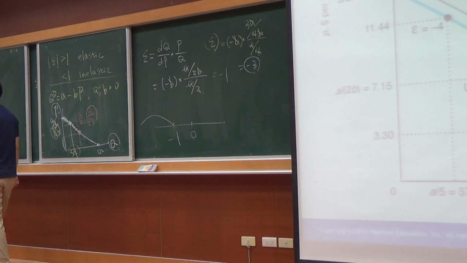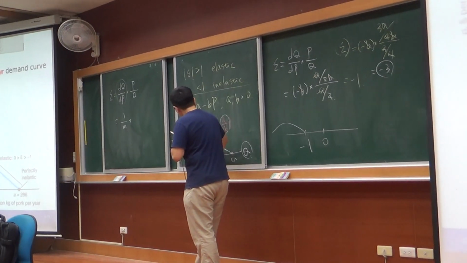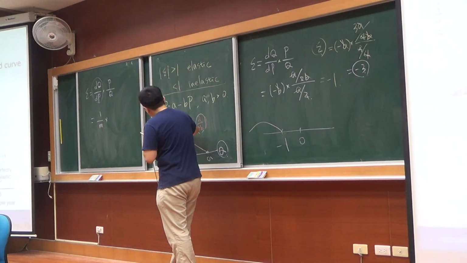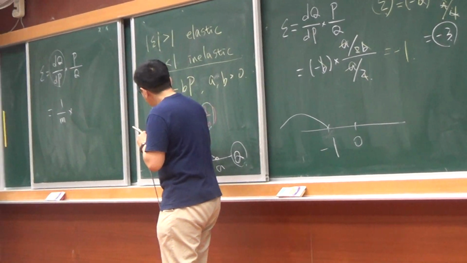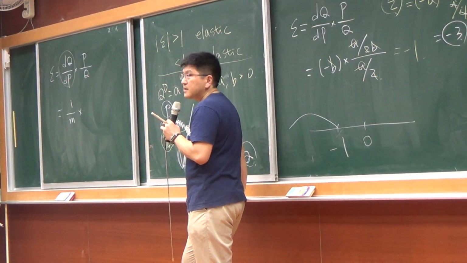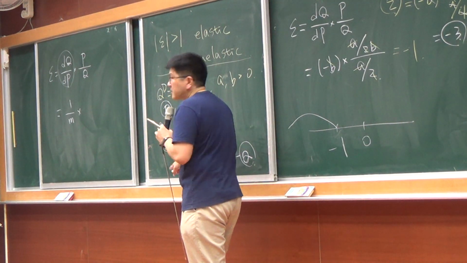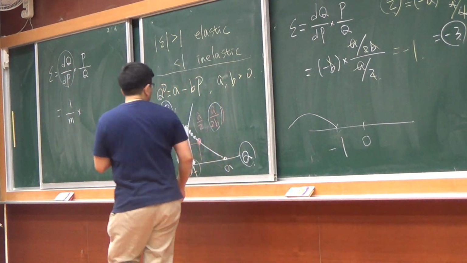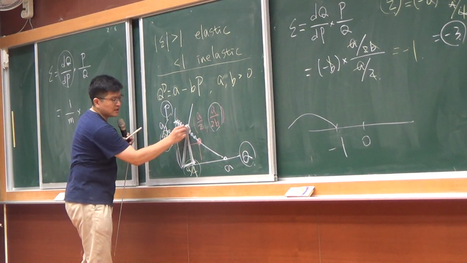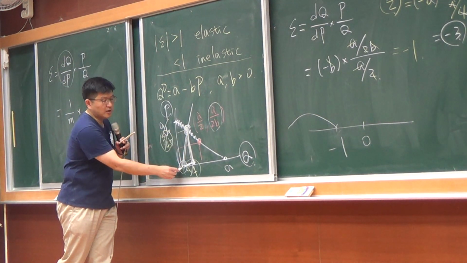And what is p over q? P over q means the slope of the connecting line, the straight line between the point and the origin.